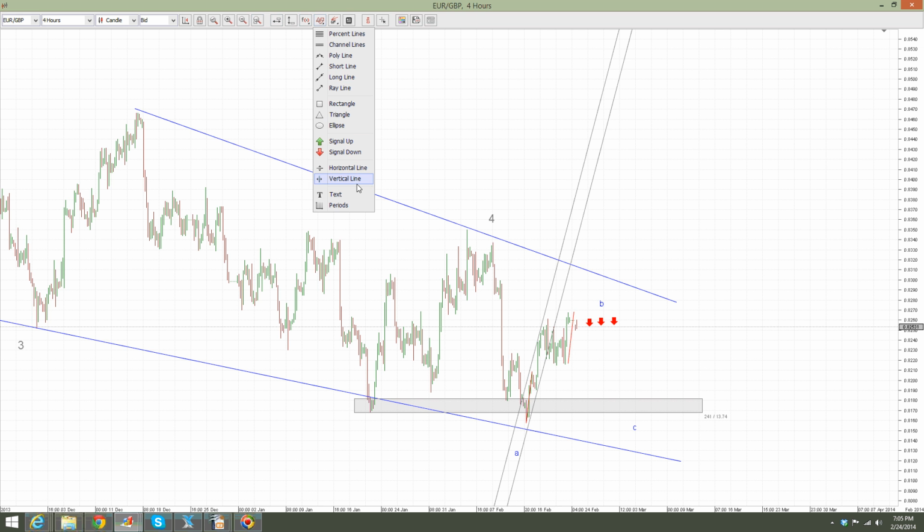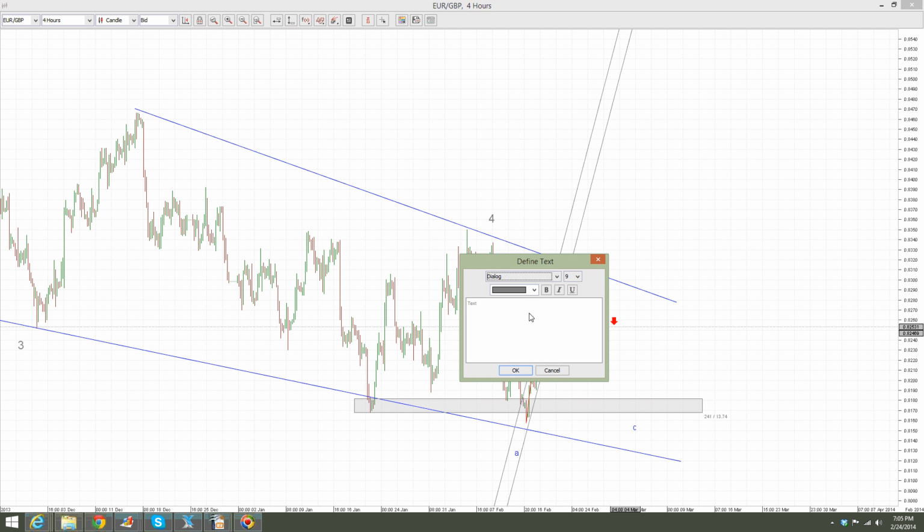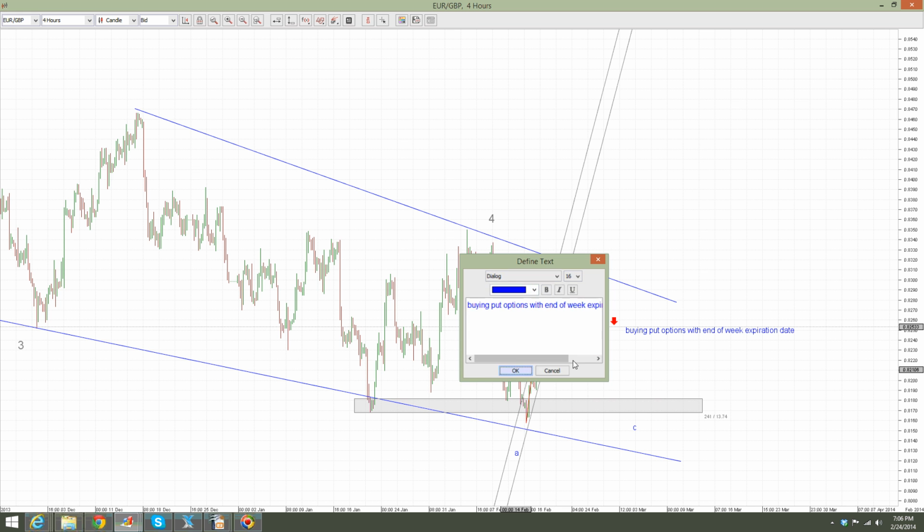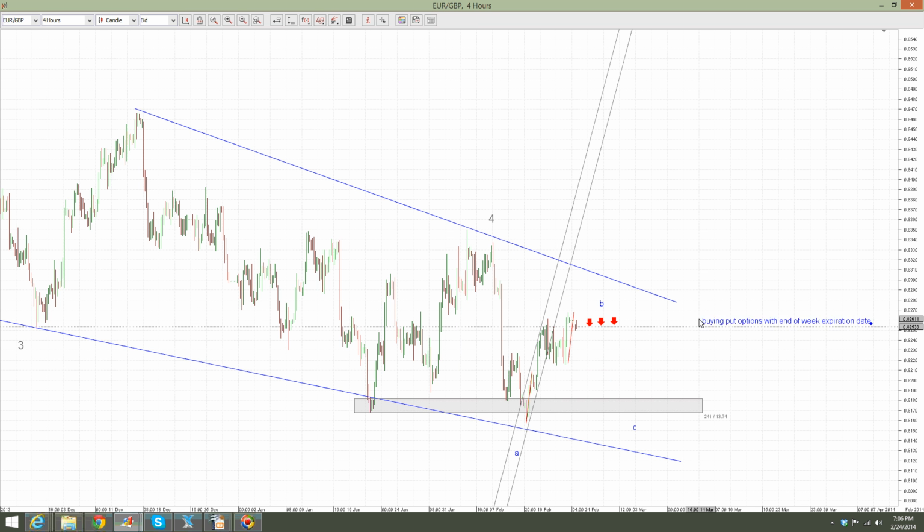Therefore, in conclusion, buying put options with end of week expiration date will be the logical thing to do, and will be our recommendation here on binaryoptions.net.au. So make sure you're checking a broker that has this expiration date.